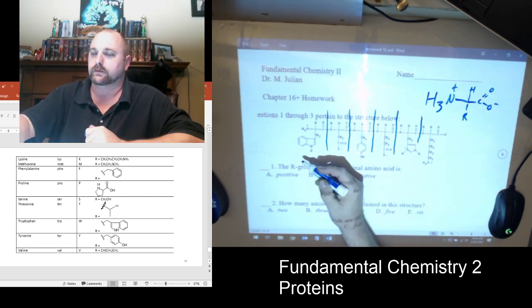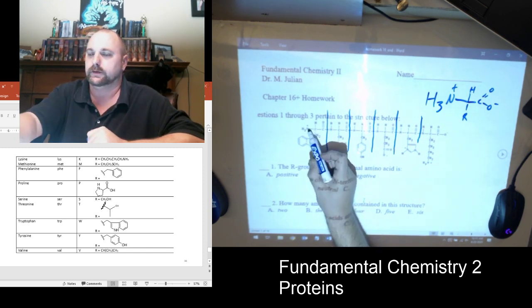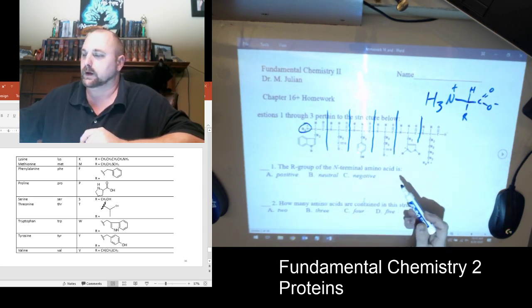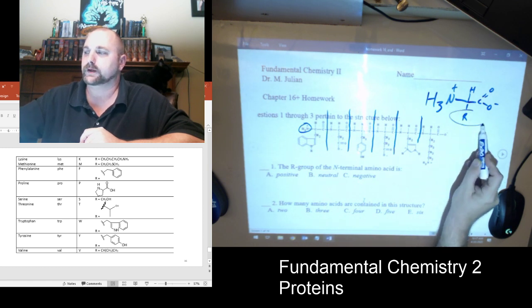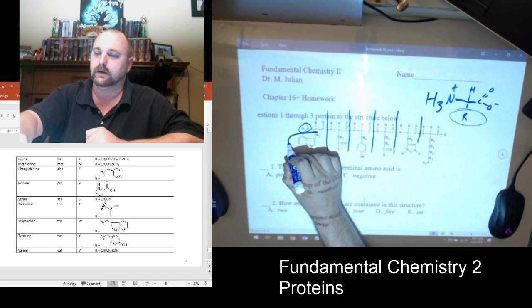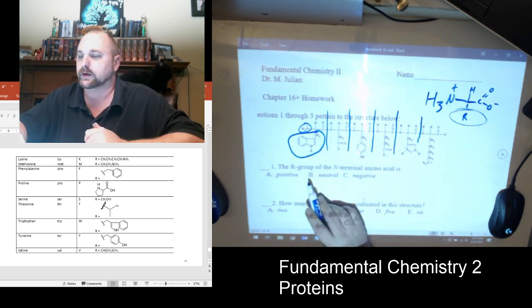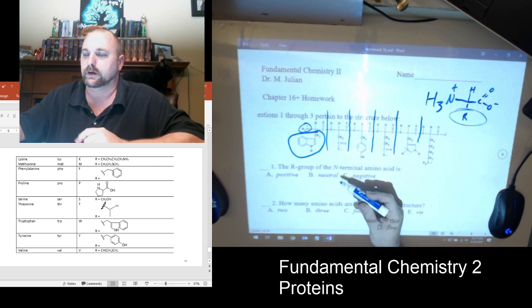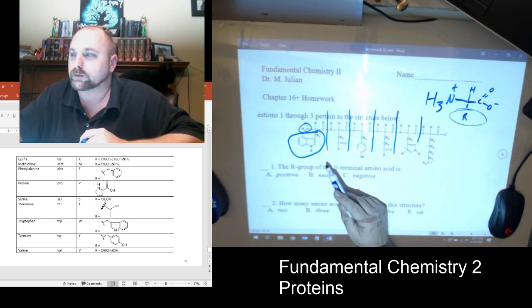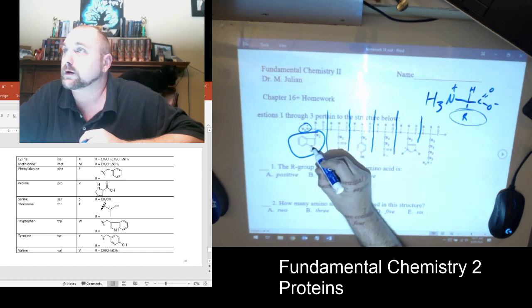The N-terminal is over here on the left. It's the one that has the N, so that's what I'm looking at. And I want the R group, so I'm visualizing this picture. It's that middle C. They're talking just about this, and they want to know, is it positive, neutral, or negative? I've got to be careful and see if there's a charge here.